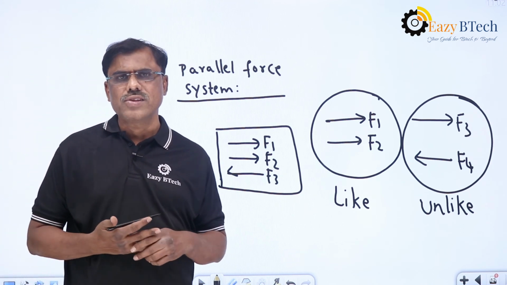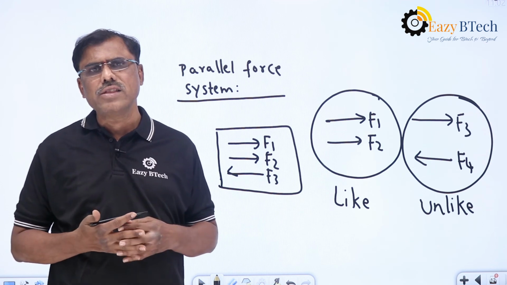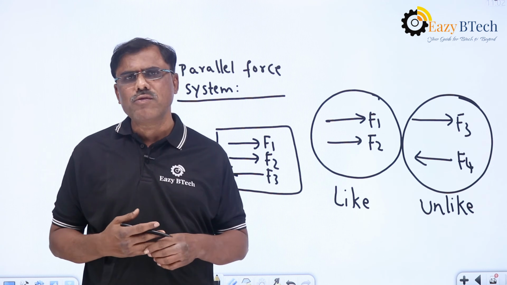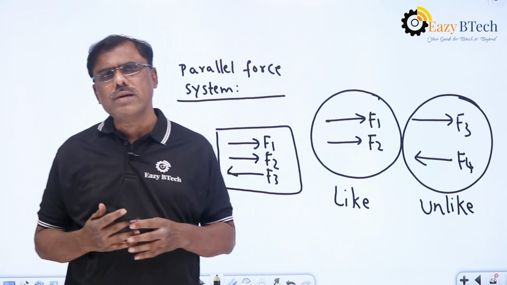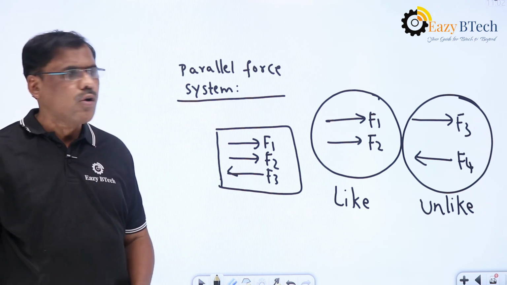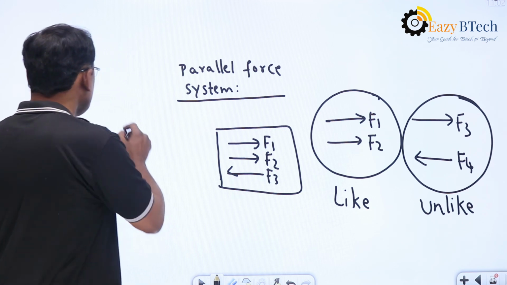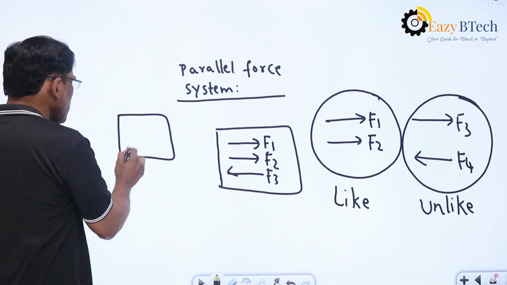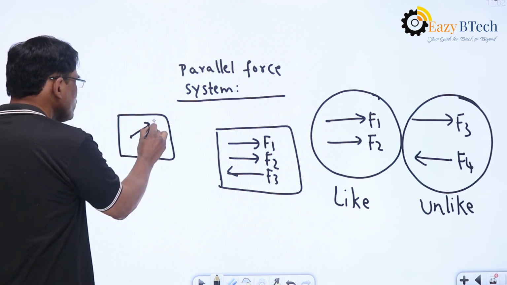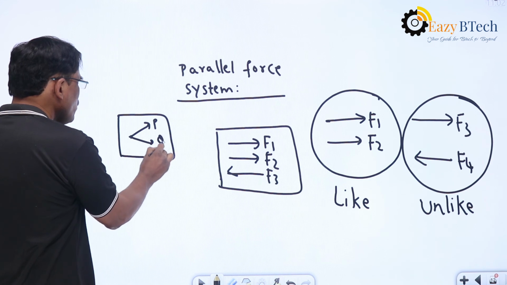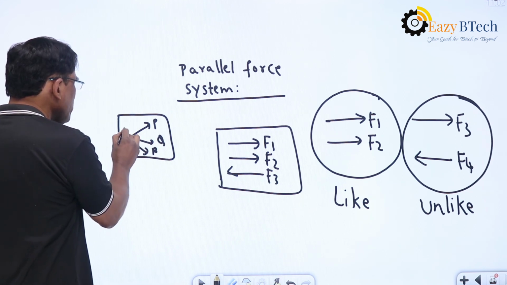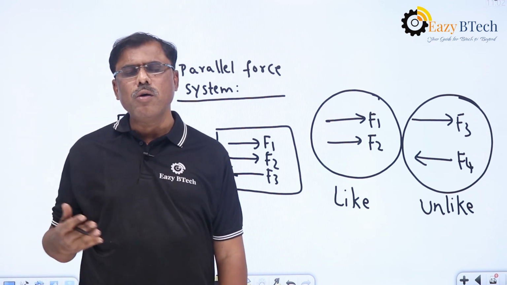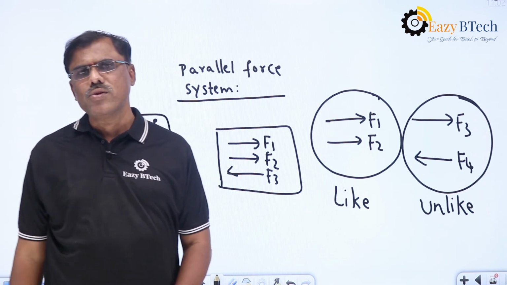Coplanar concurrent force system. It means forces are acting in the same plane as well as they are meeting at one point. So then we call them a coplanar concurrent force system. So for example, if you take a plane here and the forces P and Q and R are meeting at a point O, then this system is said to be coplanar concurrent force system.